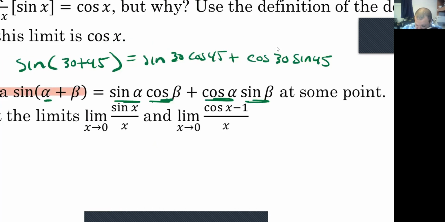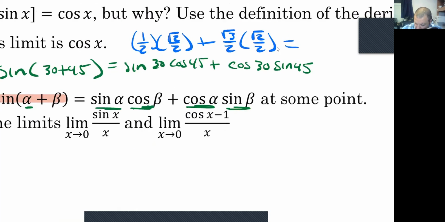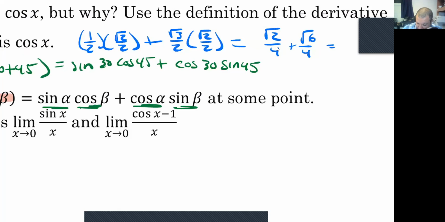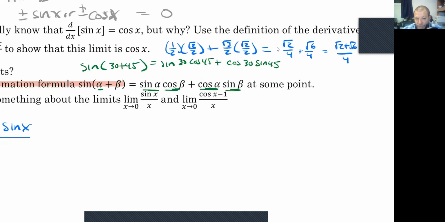And because I know you're all trig rock stars, you know this is a half, this is radical 2 over 2, this is radical 3 over 2, and this is radical 2 over 2. So we could simplify this to radical 2 over 4 plus radical 6 over 4. So we would know that the sine of 75 degrees is rad 2 plus rad 6 over 4. So we could use this summation formula to extend what we know with trig.